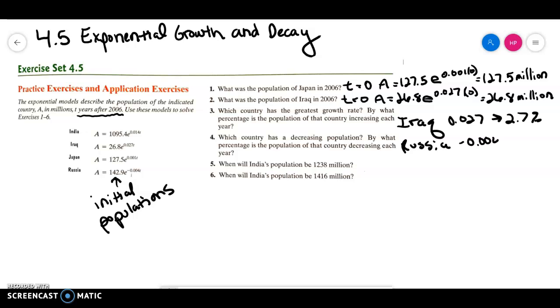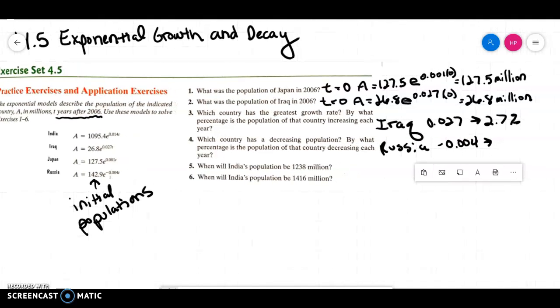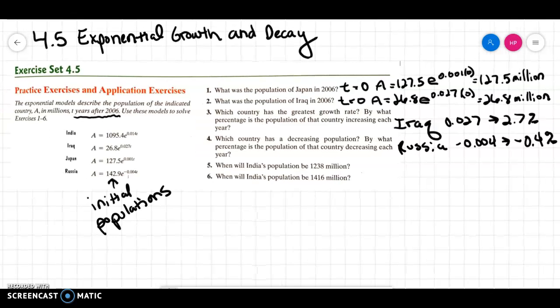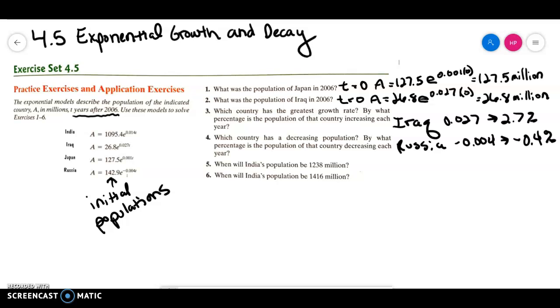So negative 0.004, small, as a decimal point. So they're not decreasing by much, but that negative 0.4% would be their decreasing population. These ones, the first 4, have been pretty straightforward, just entering values in. 5 and 6 will call into some of our algebra skills instead.